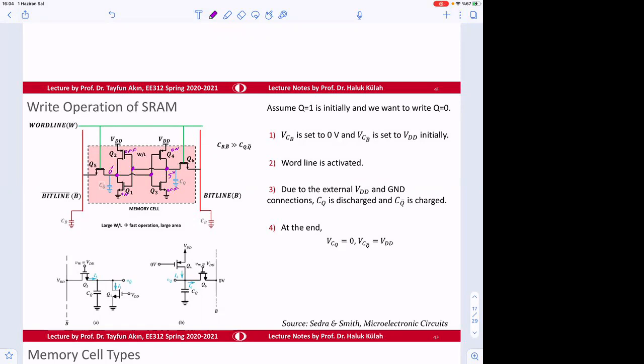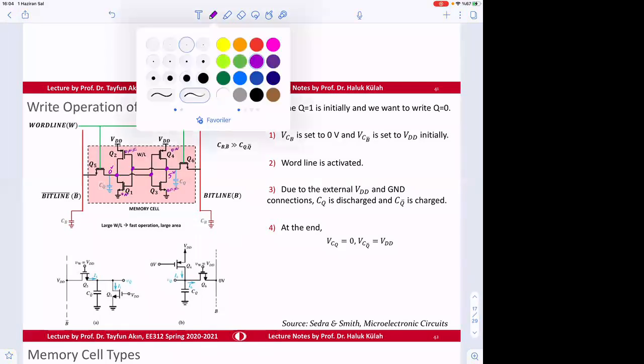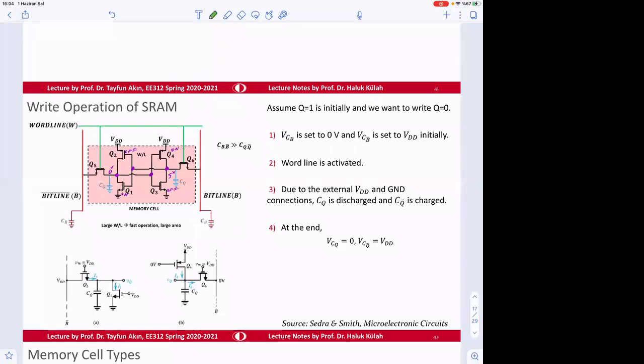So let's say we want to write the opposite signal. Otherwise, writing the same signal is not fun. It's the same thing. But let's say we want to write 0 volt here now. So in order to set 0 into the memory cell, we apply here 0 volt, and then we apply here 5 volt.